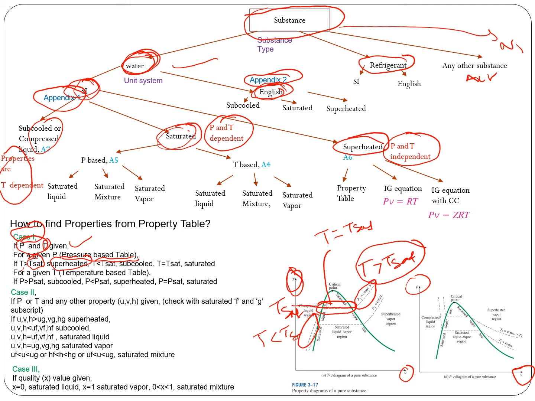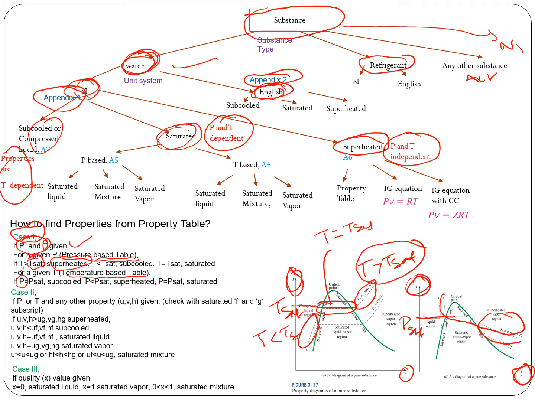The other way is, for a given temperature, you can look at the temperature based table and see what the pressure is. You should always compare with the saturated pressure in this case. In the plot between pressure and specific volume, this one here is P saturation.